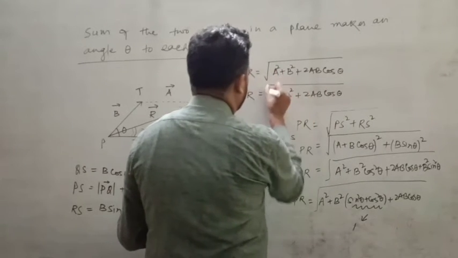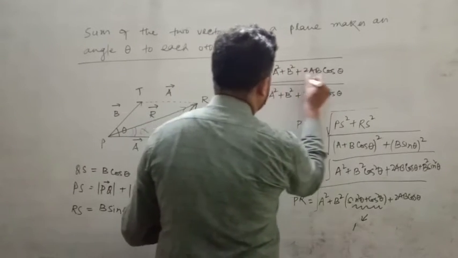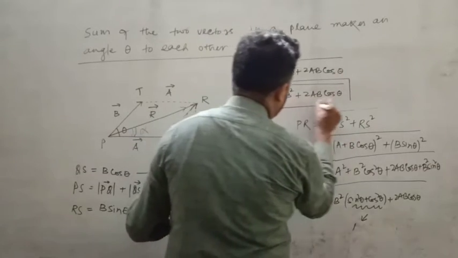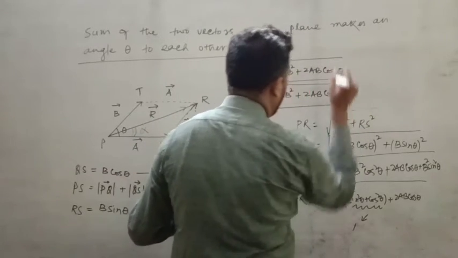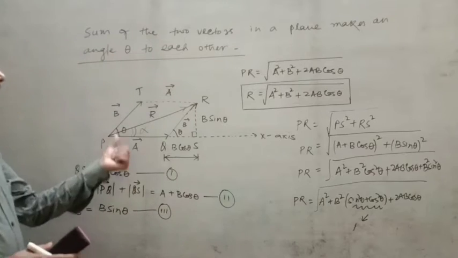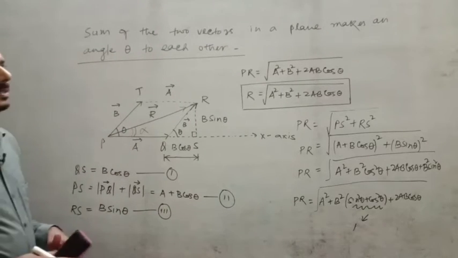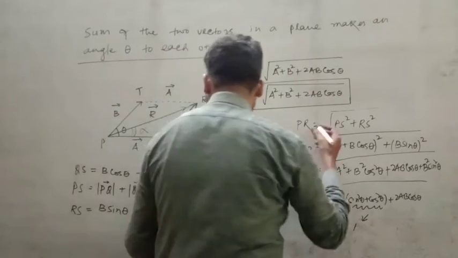This is the magnitude of your resultant of vectors A and B having an angle theta in this plane. So this is your resultant.